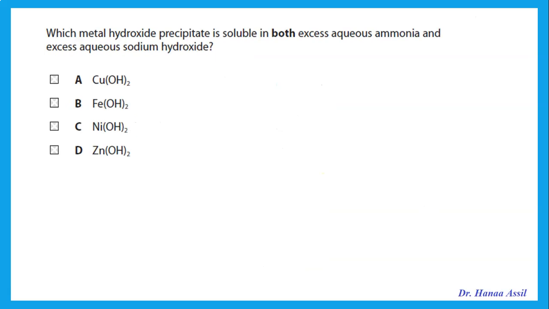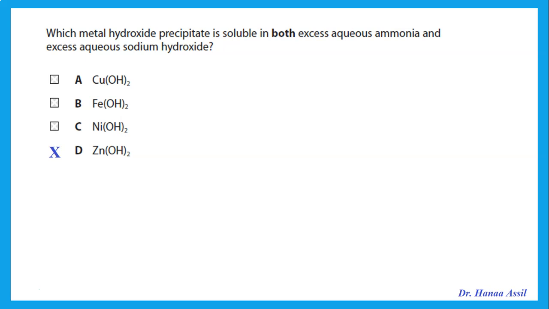Which metal hydroxide precipitate is soluble in both excess aqueous ammonia and excess sodium hydroxide. Remember, we did before in qualitative analysis tests for ions, tests for copper 2+, iron 2+, and zinc 2+.